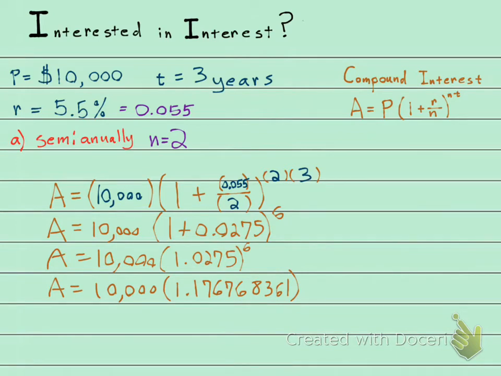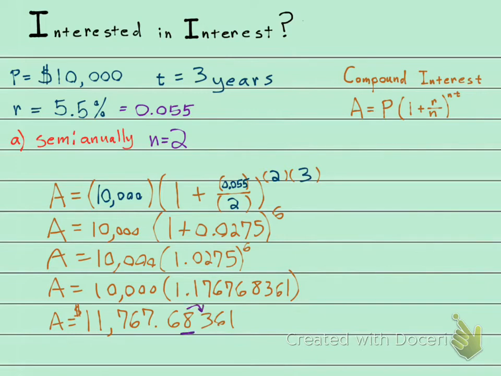My calculator will take your answer times your 10,000. And that's going to give me 11767.68361, which is $11,767.68. They're going to ask you to round, I'm sure, and we always round to the cents.